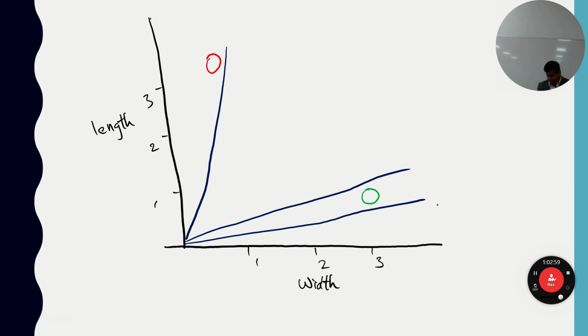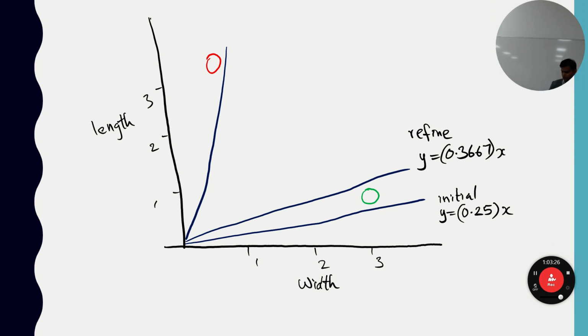Initially we had y equals 0.25 times x. Then we had a first refinement, y equals 0.3667 times x, and the final refinement, y equals 2.9 times x.